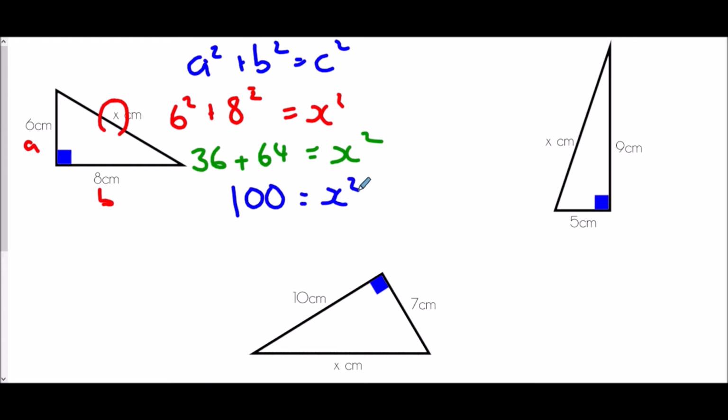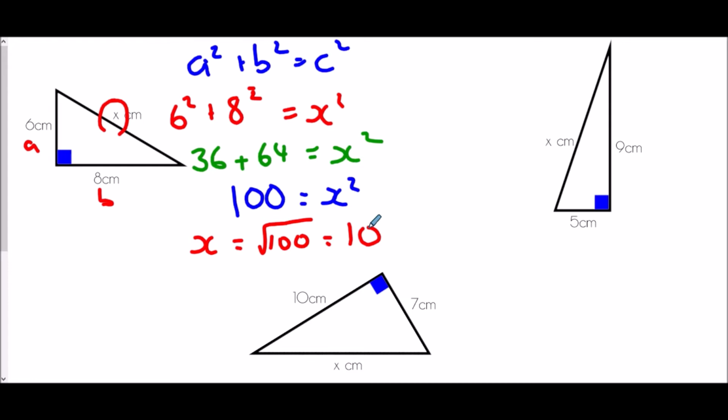Now how would I find the value of x, the actual length of the side? Well, I would need to square root, and so x is actually the square root of 100. And given that 100 is a square number, we can find the square root quite easily. The square root of 100 is 10, and therefore the hypotenuse of the first triangle is 10 centimeters.